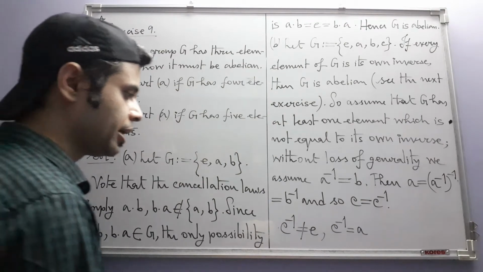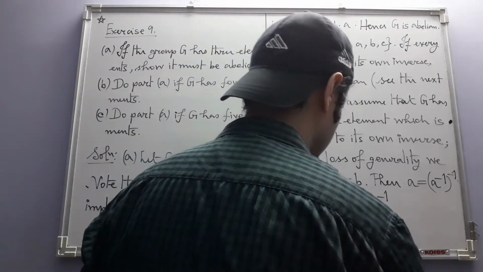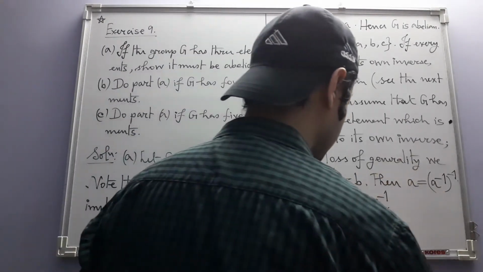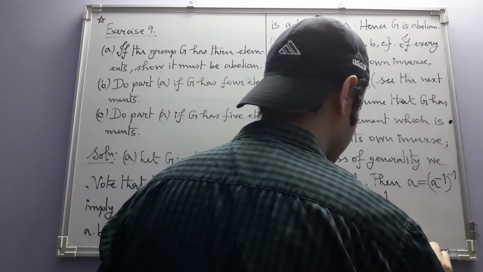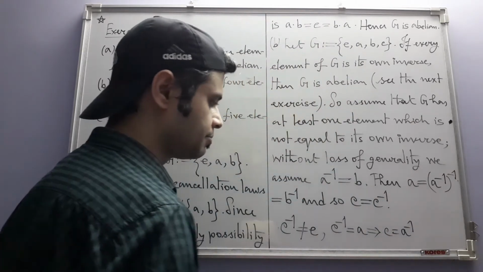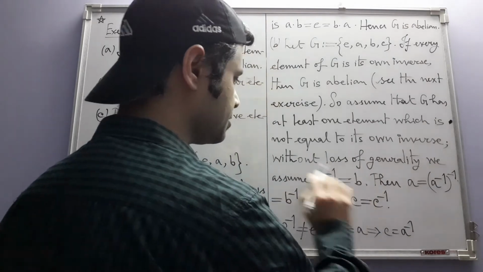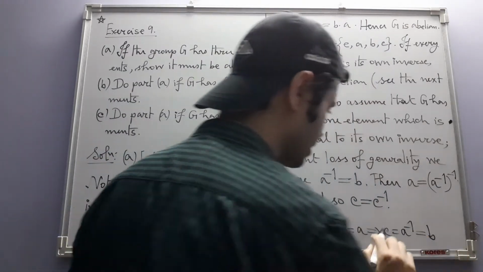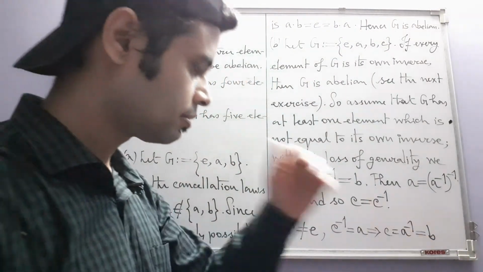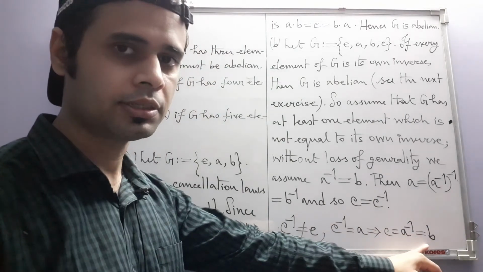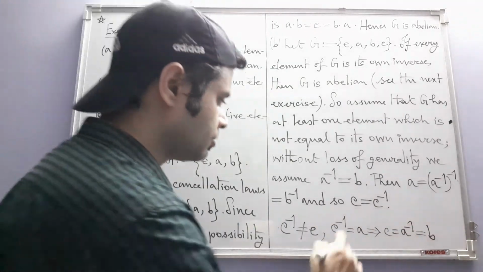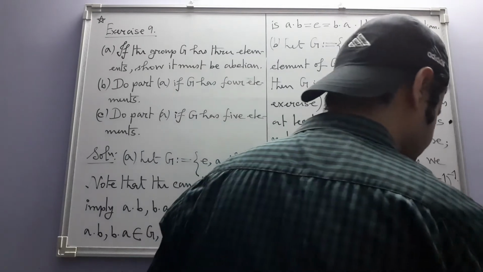If we assume that, then just like this calculation, C will be equal to A inverse, and A inverse is B. So then we will get the false conclusion that C is equal to B. C and B are not equal. So this is also not possible.